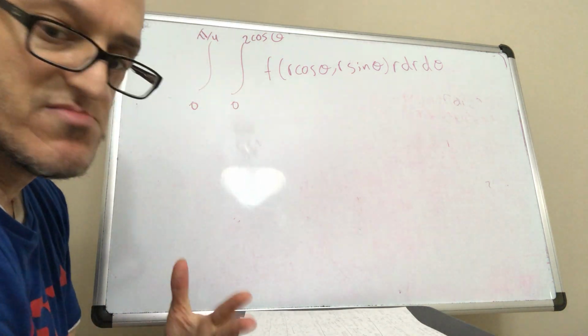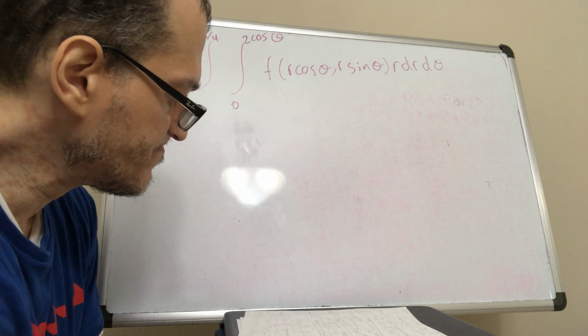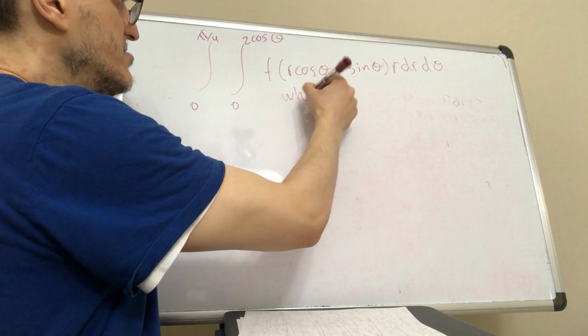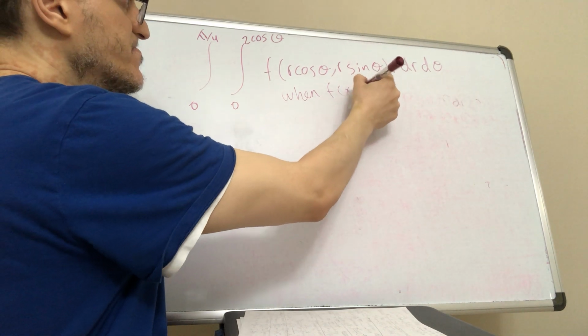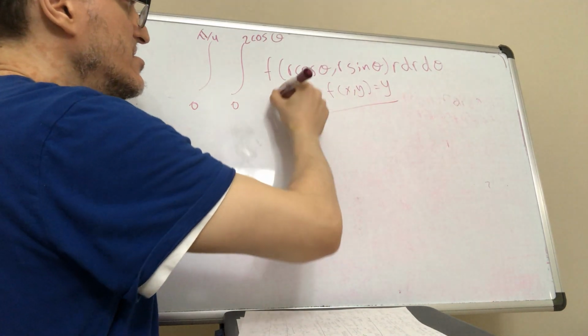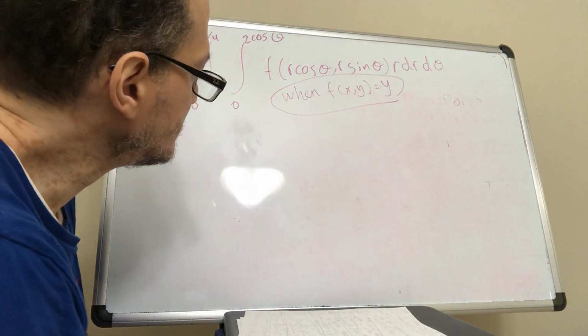It's given to you in polar, so you don't need to switch or anything. And use it to integrate when the function equals y. So you're integrating y basically.